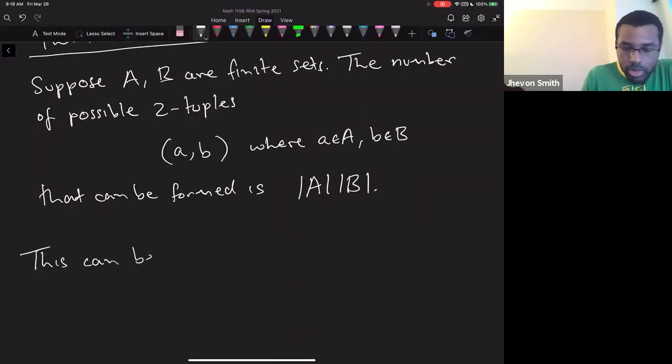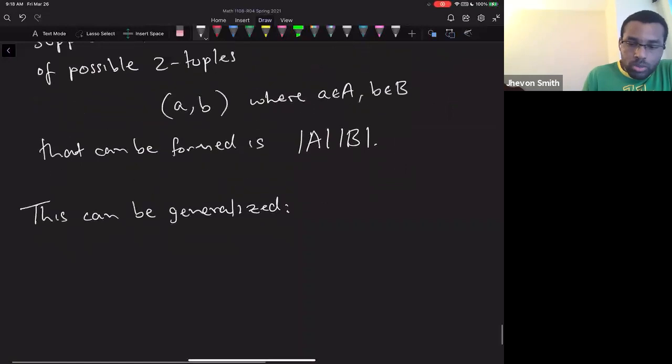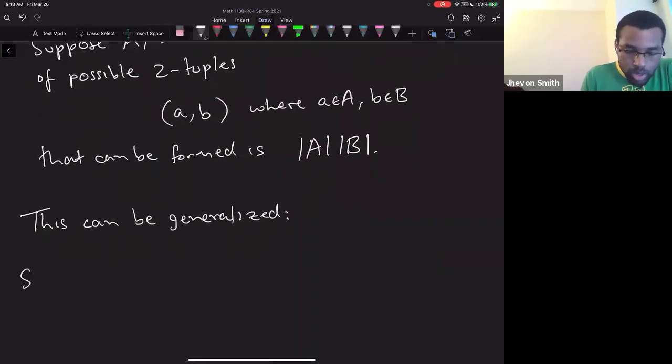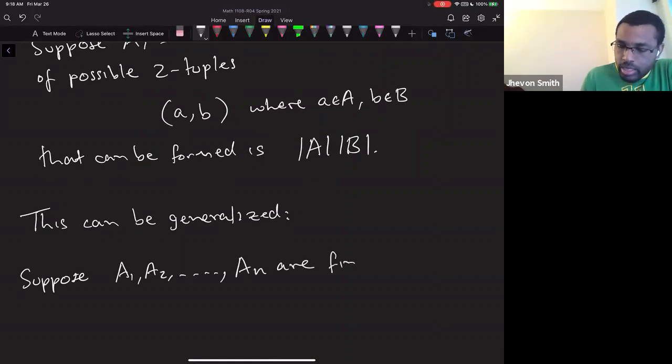This can be generalized. Suppose A1, A2, ..., AN are finite sets.